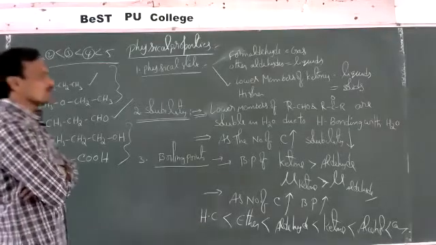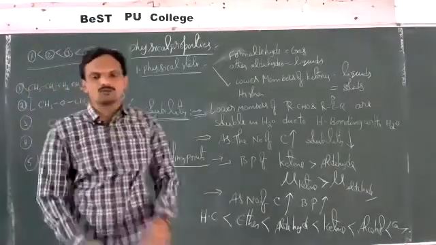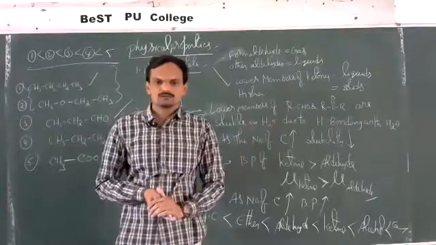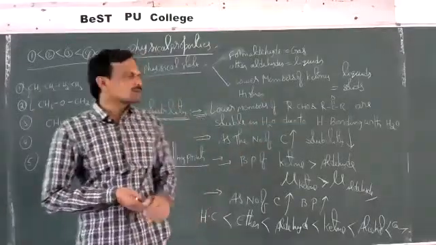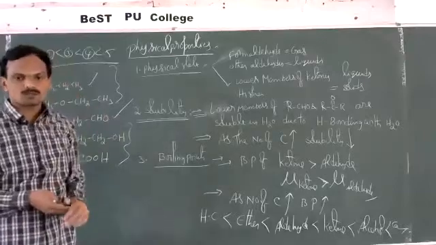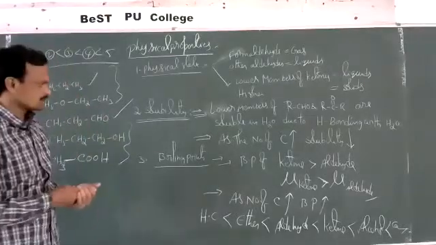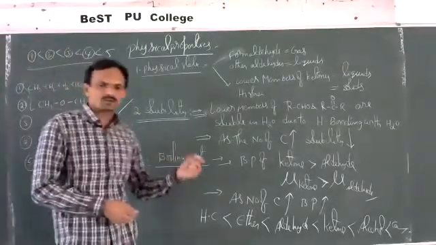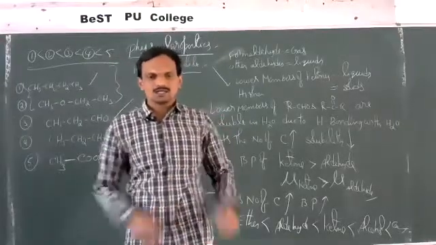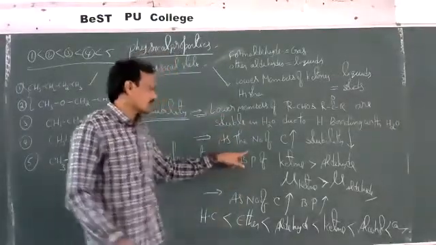Lower members of aldehydes and ketones are soluble in water due to the formation of hydrogen bonding with water, whereas the higher members are insoluble because the tendency to form hydrogen bonds decreases. And as the number of carbons increases, solubility decreases due to the decrease in the tendency to form hydrogen bonds.